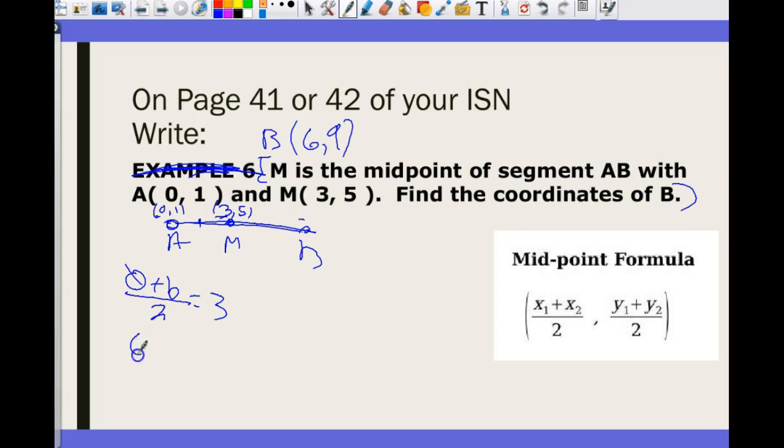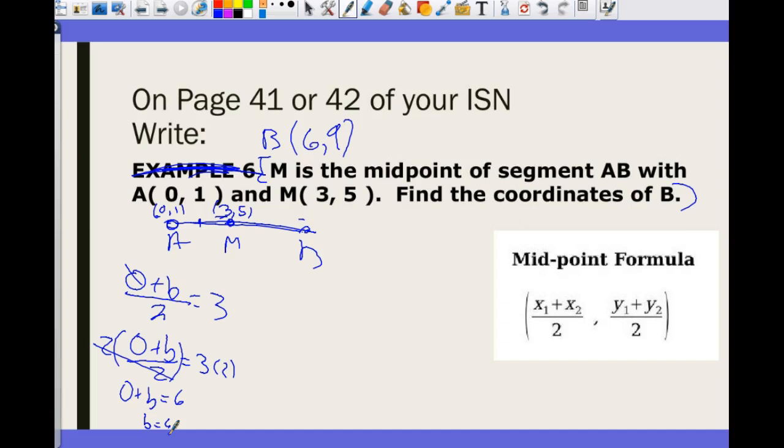This is really sloppy. Multiply both sides by 2. Cancels out. 3 times 2 is 6. So we have 0 plus B is equal to 6. 0 plus B is just B. So B has to be equal to 6. Is that the same answer we got up here? Yep. Oh, said that too loud. I was excited. Yeah, that's the same answer, right?